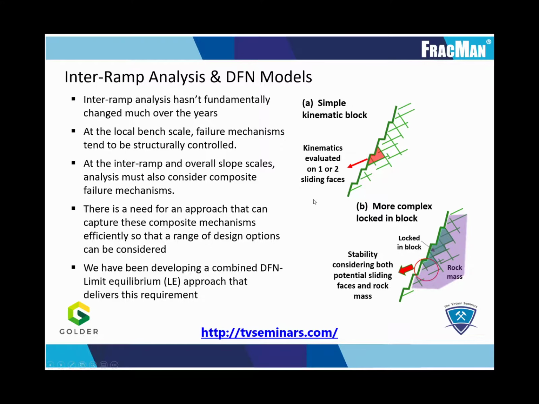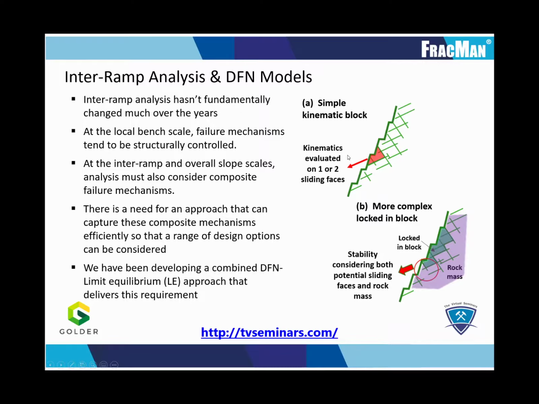So let's now consider the case of interramp analysis. So now we're thinking about a stack of, say, 10 to 20 benches. The analysis approach hasn't fundamentally changed very much for many years. At the local scale, failure mechanisms tend to be structurally controlled, and kinematics provides a reasonable answer.